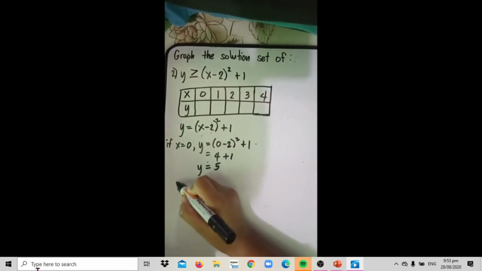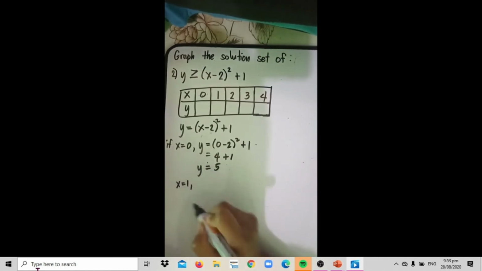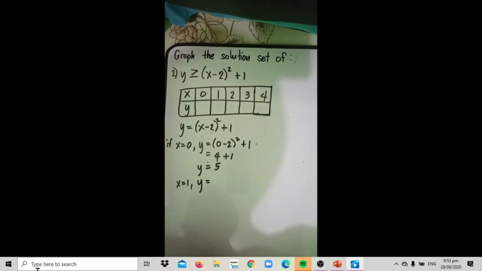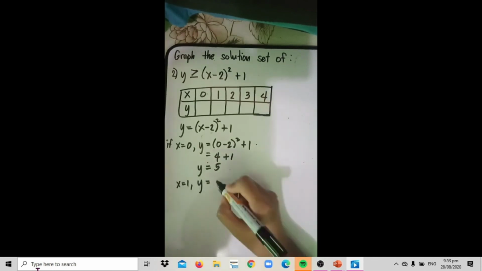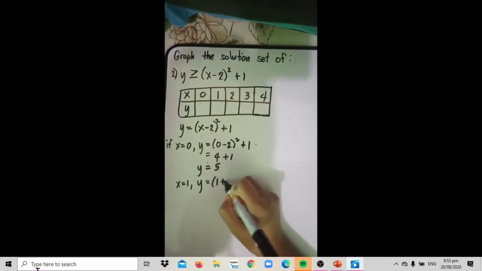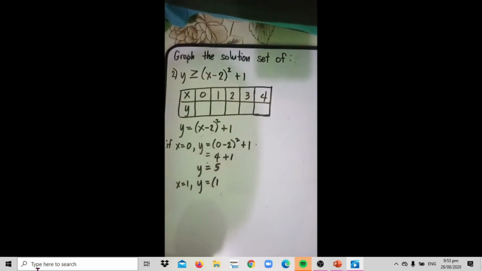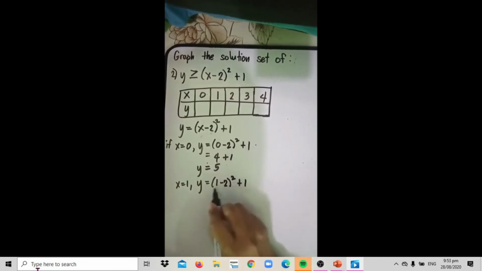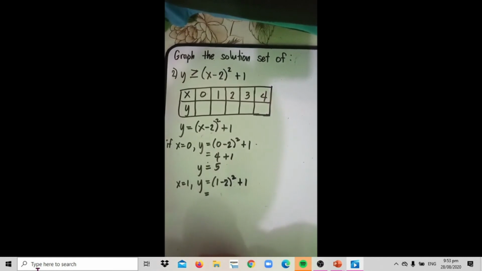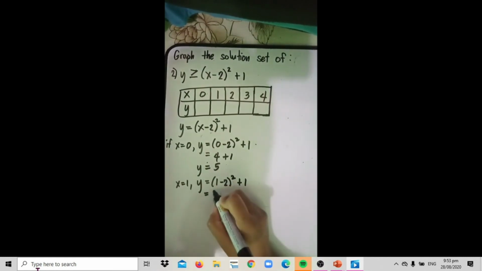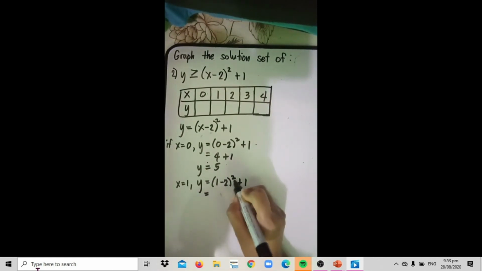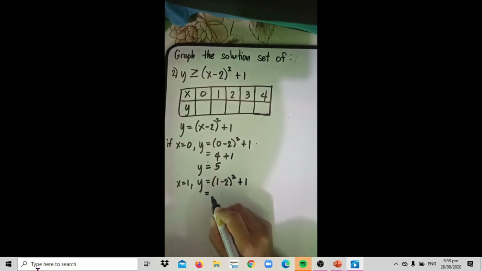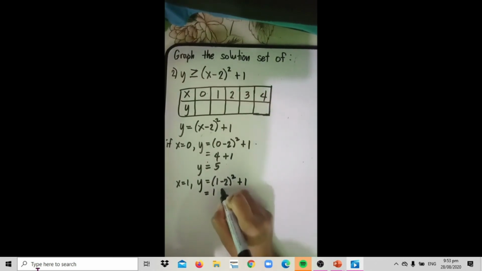Okay? If x is 1, what would be our y? Let's see. So we have 1 minus 2 square plus 1. So 1 minus 2, yes, we have negative 1. So negative 1 square is positive 1. So, plus 1.